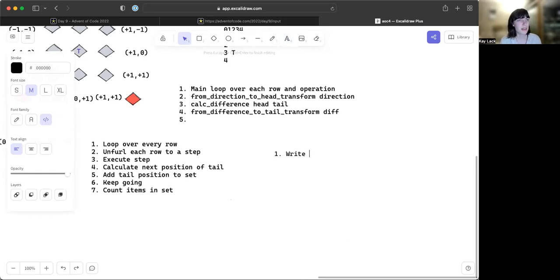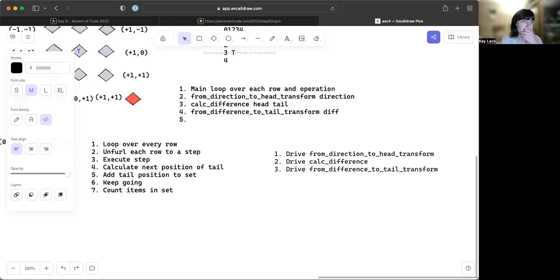We want to drive from direction to head transform, to drive calc difference head calc difference, drive from difference to tail transform, for drive main loop.